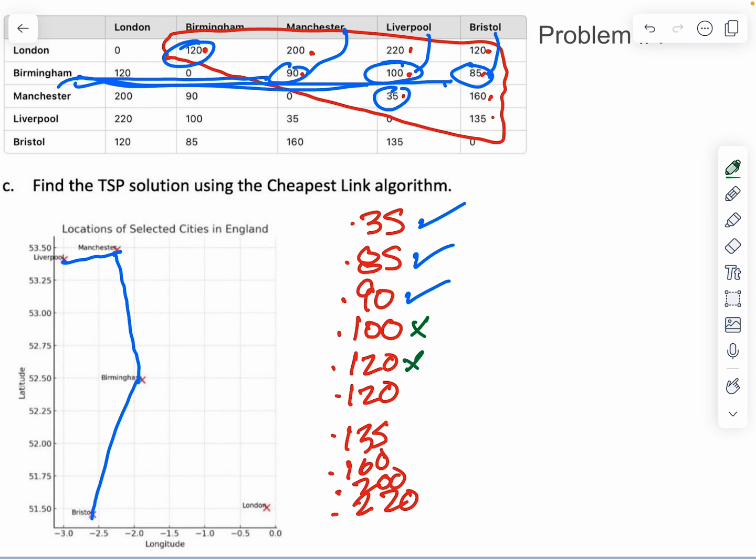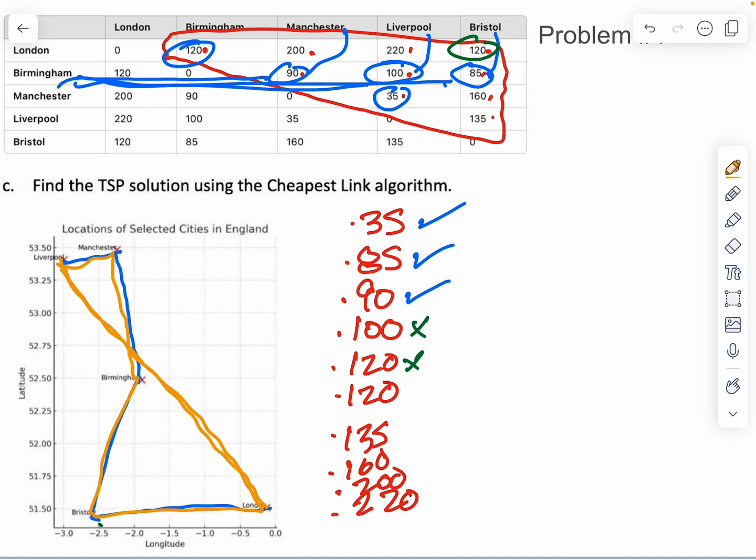But let's look at the other 120. It's Bristol to London. If I connect Bristol to London, I'll go back to my blue here, that one is going to be fine because then my last leg, and I'll do this in orange so you can see it a little bit more, my last leg here is going to be London to Liverpool, and I've got a complete closed figure, okay?